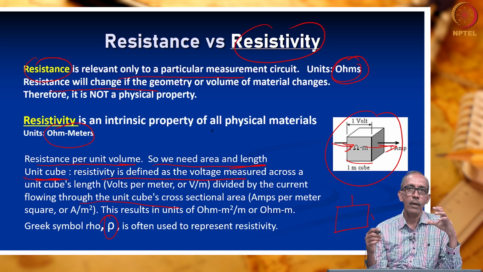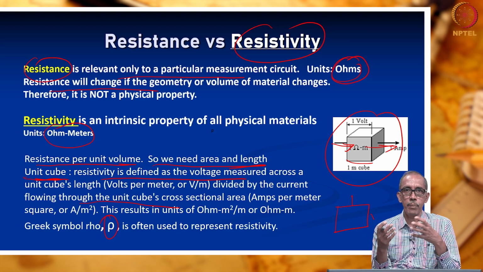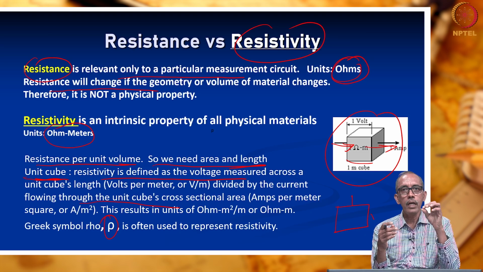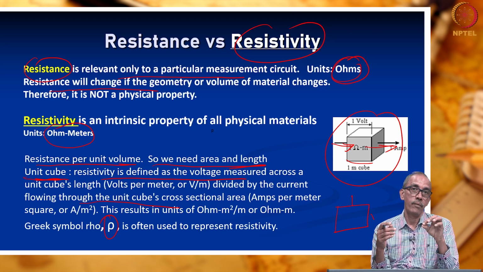So now we have understood the difference between resistance and resistivity. Resistance is relevant to a particular object for which we don't know its size and shape, which means resistance is applicable only to that electrical circuit or only to that material.